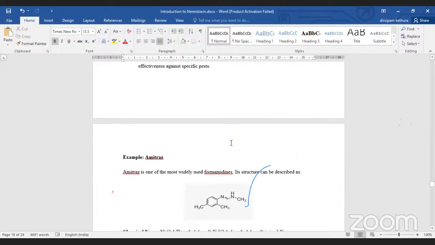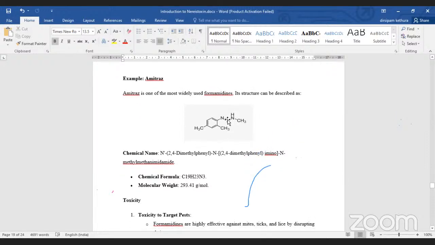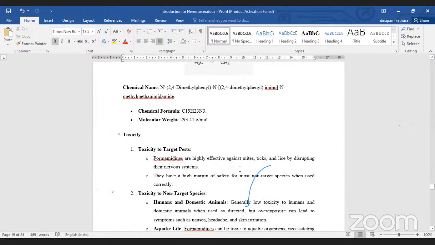Coming to the structure of formamidin, the most commonly used formamidin is amitraz. This is the structure. If you could see the structure, it has the methyl groups, it has the nitrogen, it has the hydrogen. And the molecular weight of this amitraz is 293.41.